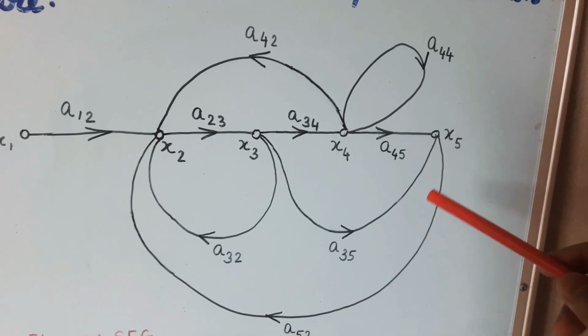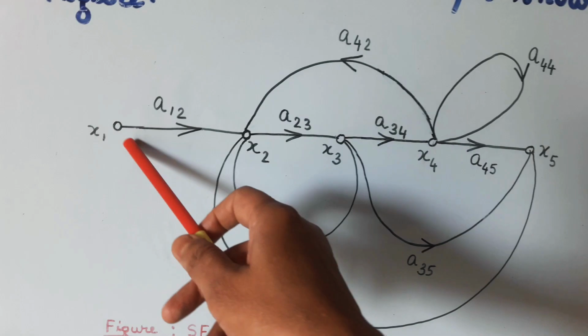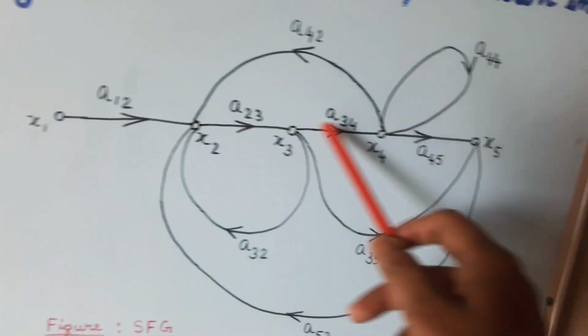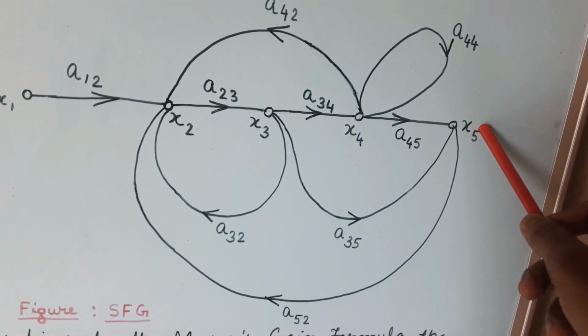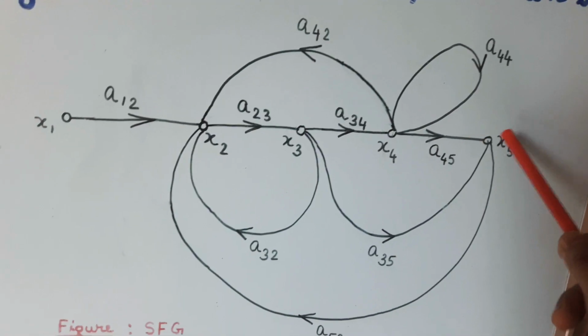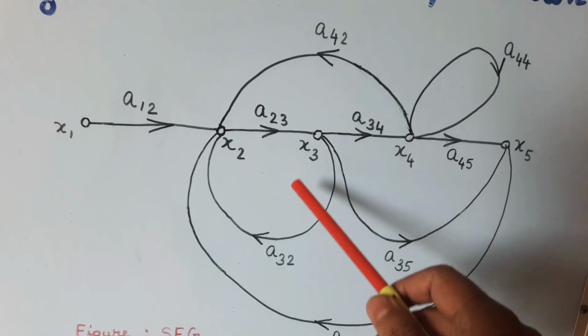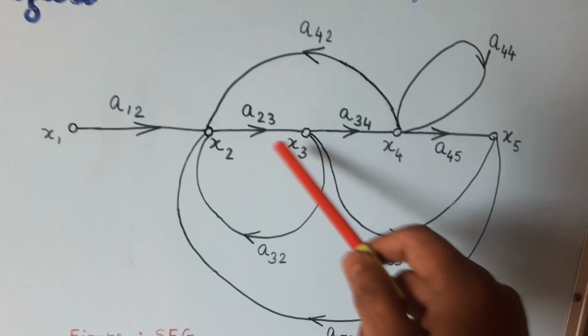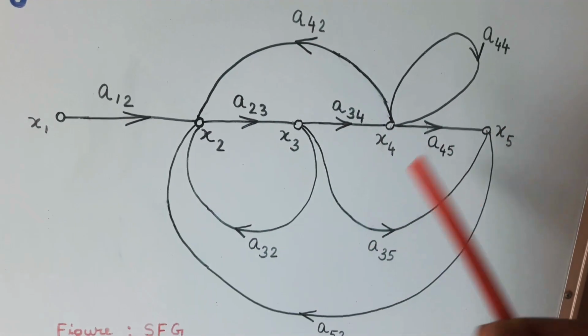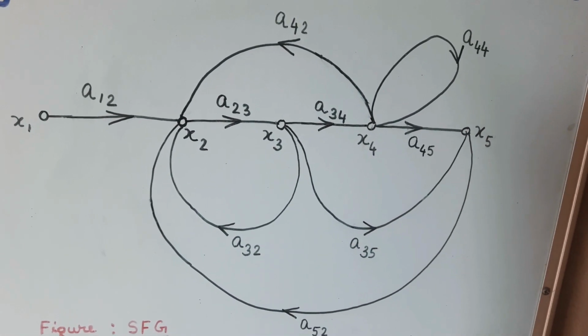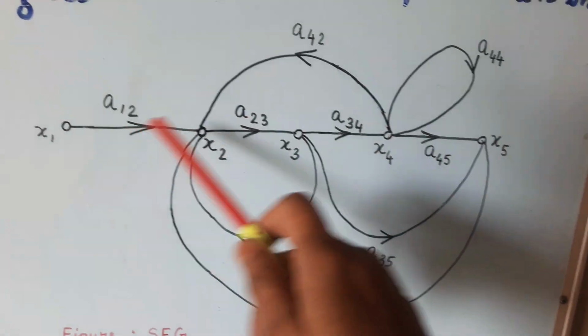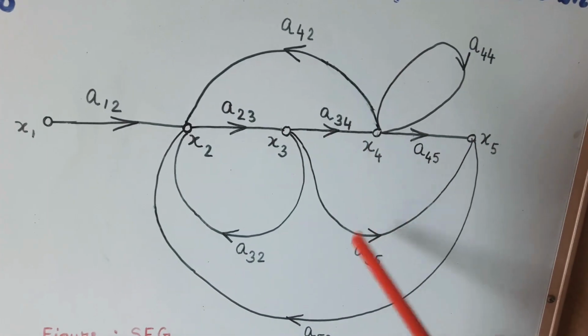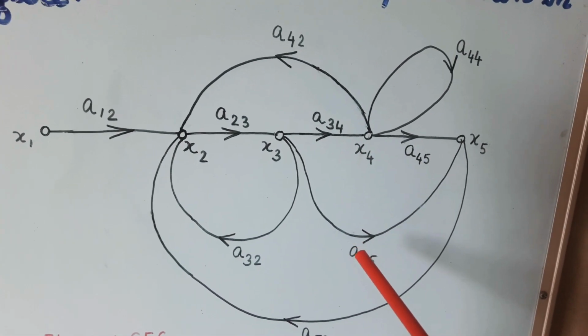Now we find that the first forward path touches all the loops. First forward path touches all the 5 loops. So the value of delta 1 will be equal to 1, because the first forward path touches all the loops.